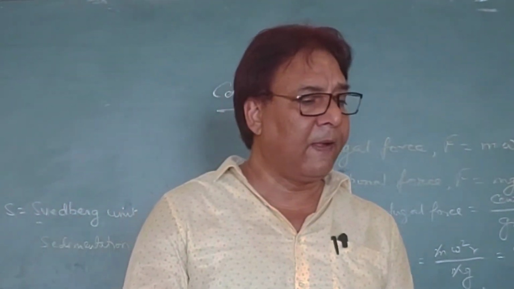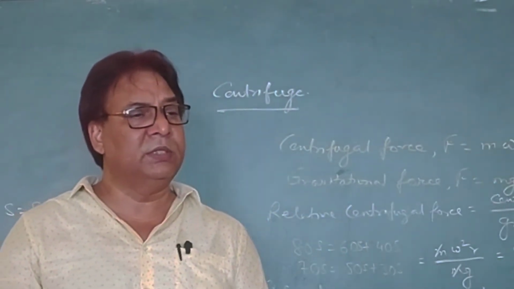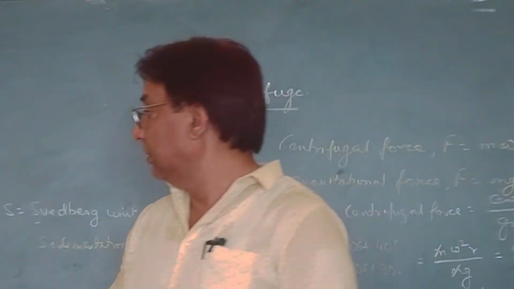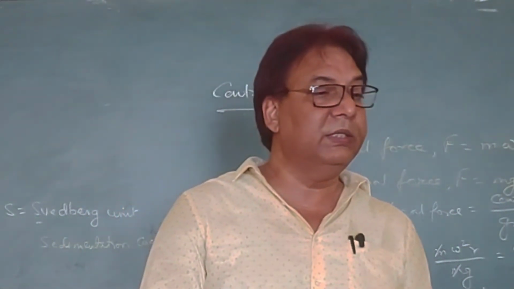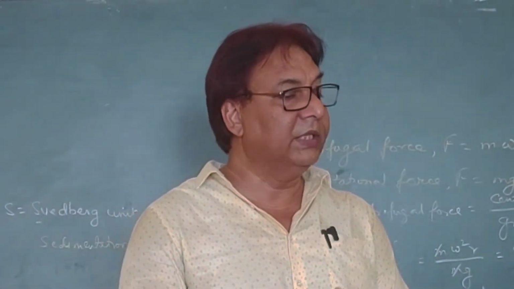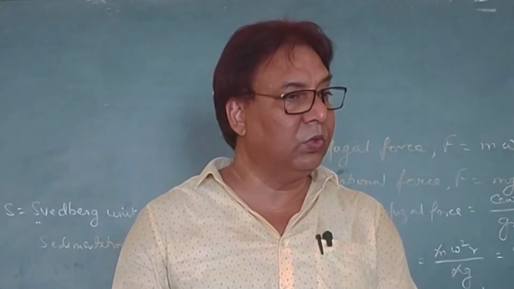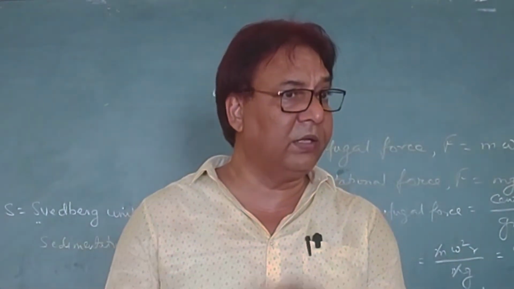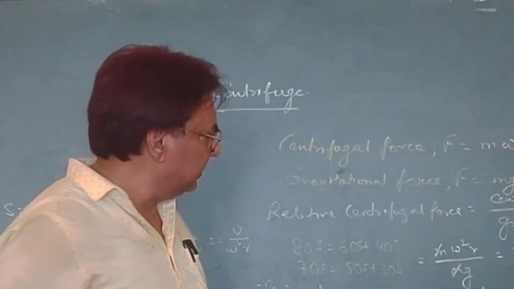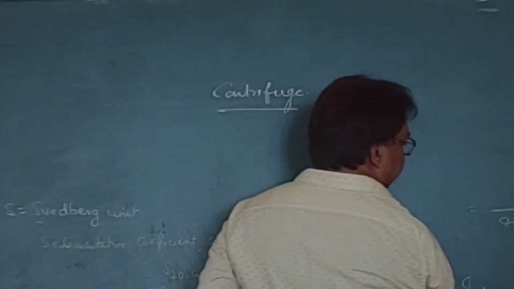One is differential centrifugation. Another one should be called isopycnic; rather, we should broadly call it density gradient centrifugation. And then we will divide that into two types: rate zonal density gradient centrifugation, and isopycnic density gradient centrifugation. So on the basis of the application, centrifuges are of two types.